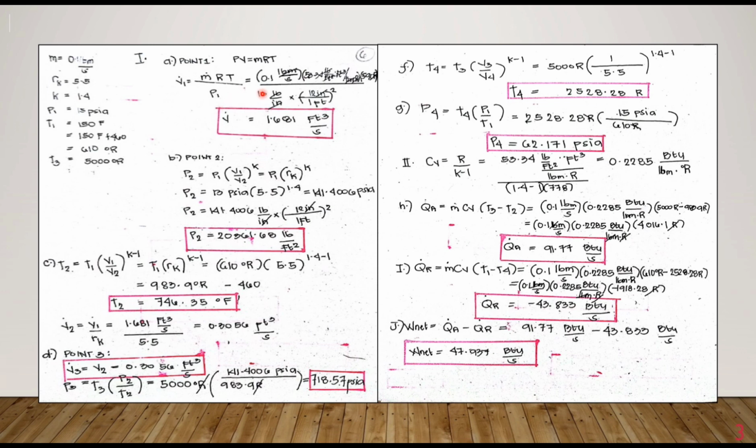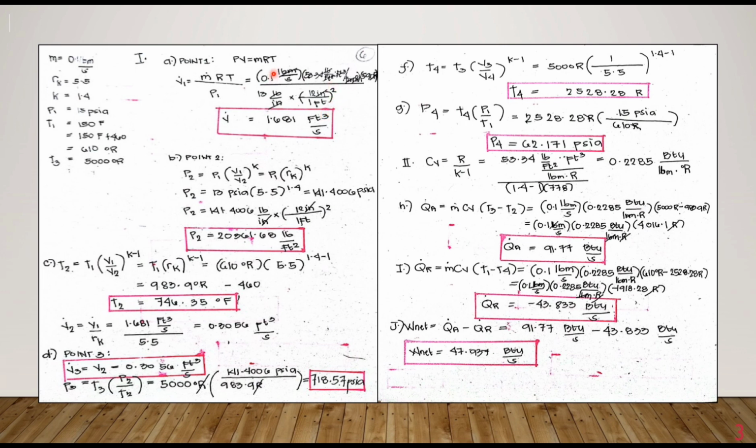So we have 0.1 lbm per second times 52.34 lb-feet per lbm-Rankine times 610 degrees Rankine over 13 psia times 12 inches over 1 feet squared.